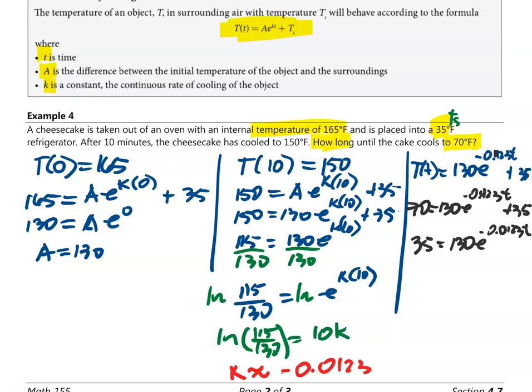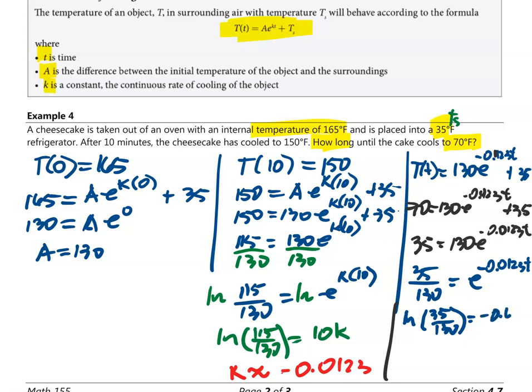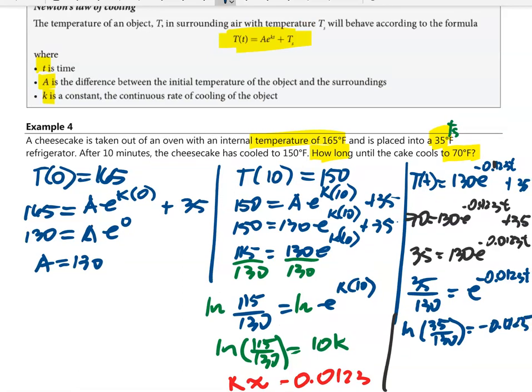Then divide both sides by 130. And then take ln of both sides again. Ln of e to the power of negative 0.0123 t is now simply negative 0.0123 t.